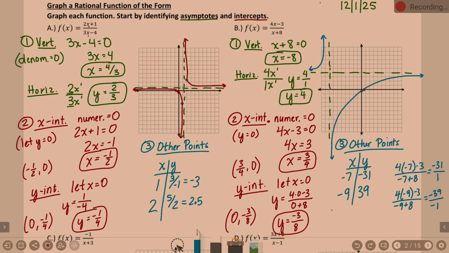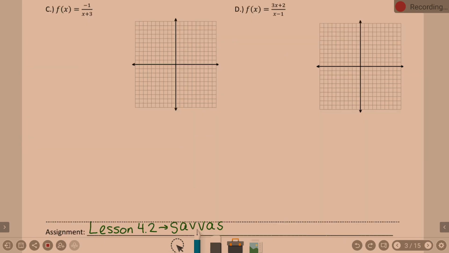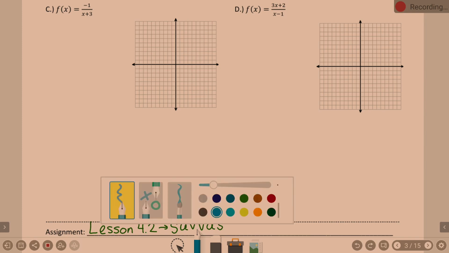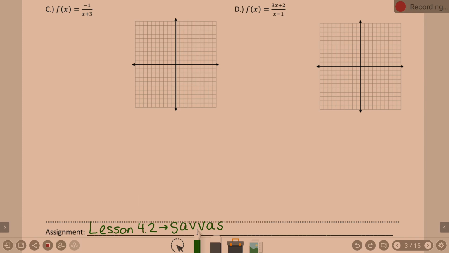Okay, let's try C. You ready for C? Step 1, my vertical and horizontal asymptotes. What about the vertical asymptote? Set your denominator equal to 0. X plus 3 equals 0.